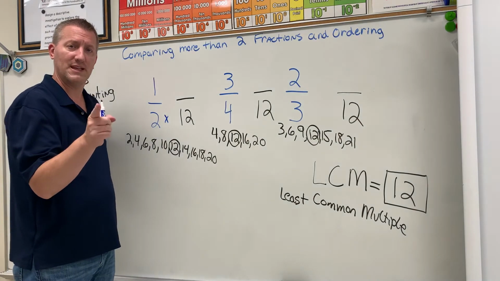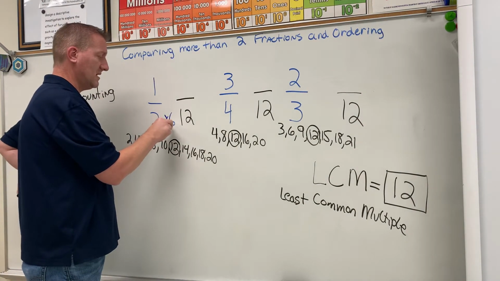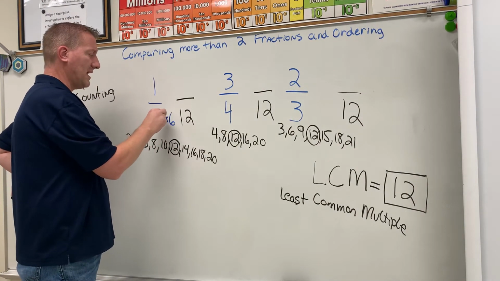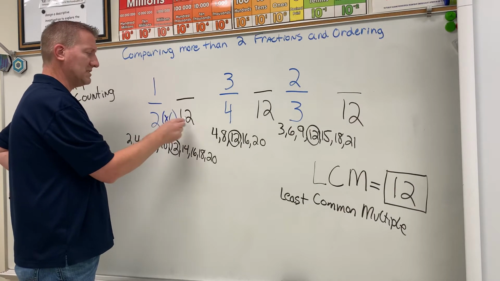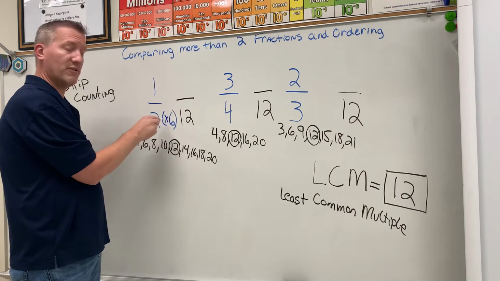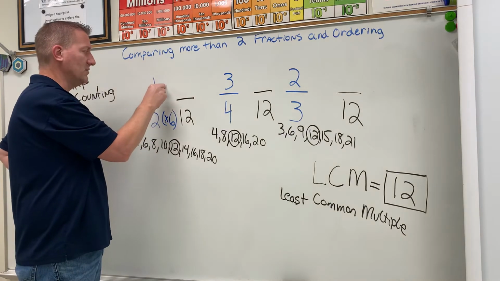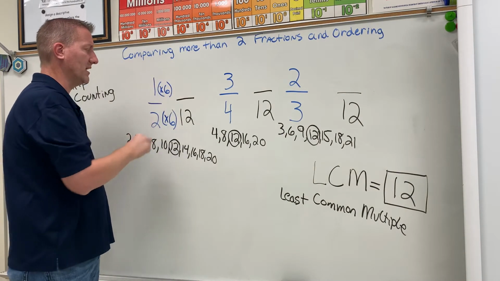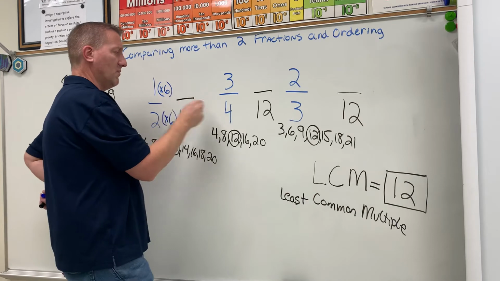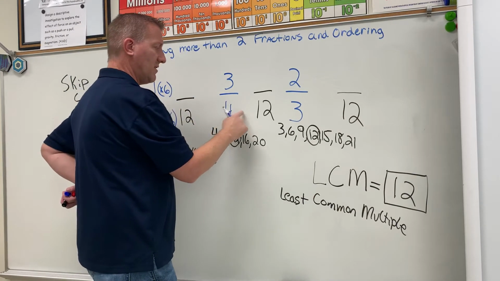Yep, 6. I have to multiply it by 6. So 2 times 6 equals 12. So whatever I do to the denominator, I have to do to the numerator. So we'll come back and do this.